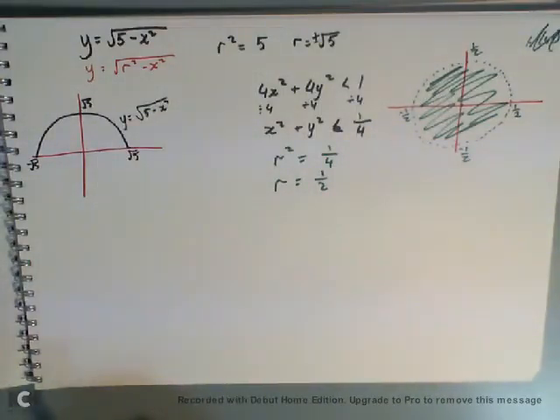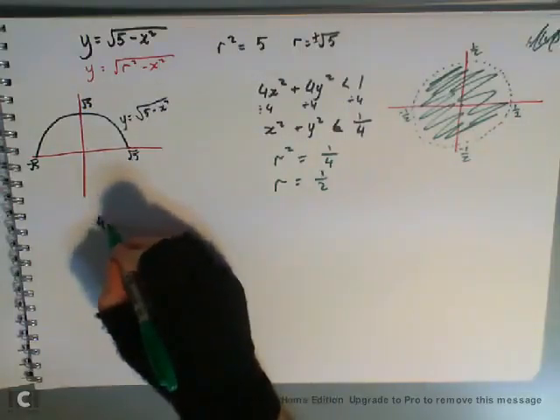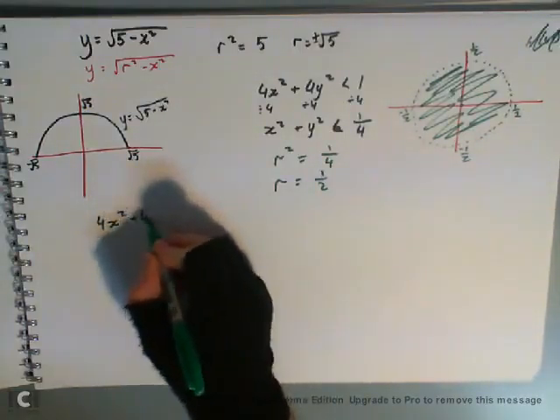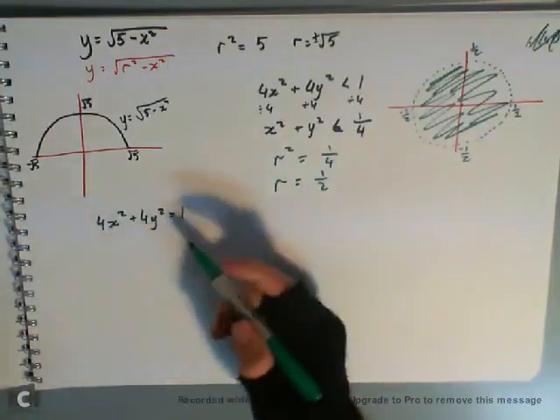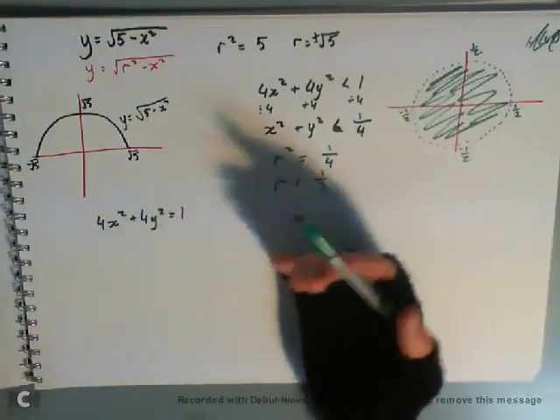Part C, for the circle with equation 4x squared plus 4y squared equals 1, give the equation of its lowest semicircle, and state the domain and range. Okay, so we want a semicircle, so therefore we need y equals something.